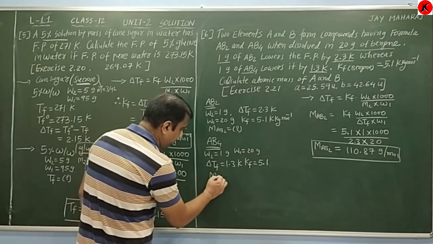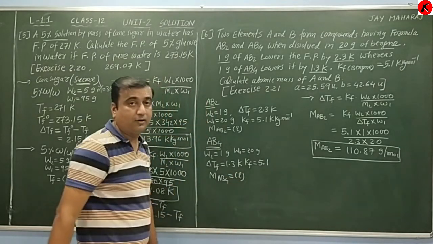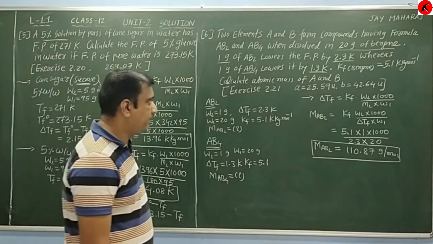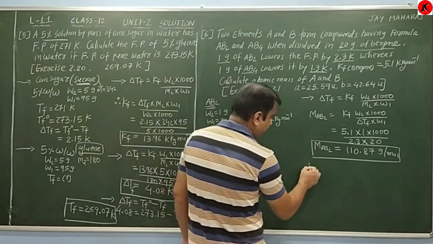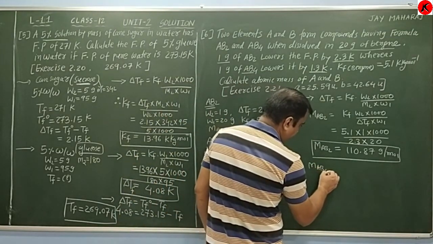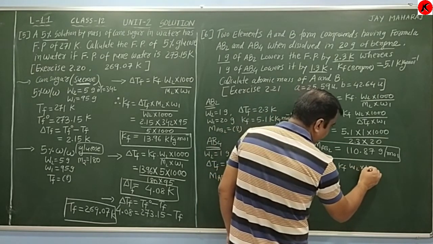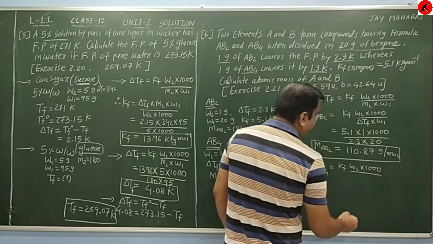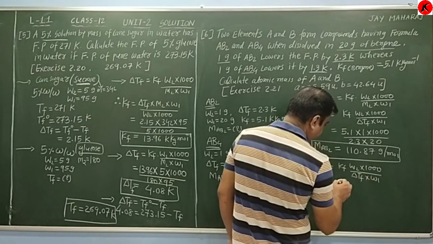Now we have to calculate MAB4, that means the molar mass of the AB4 compound. So similarly, using this formula, MAB4 equal to KF W2 into 1000 divided by delta TF into W1.